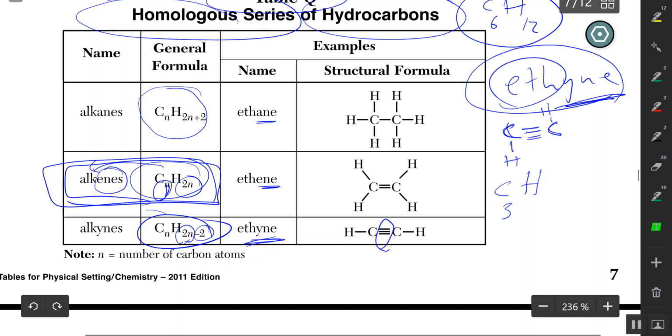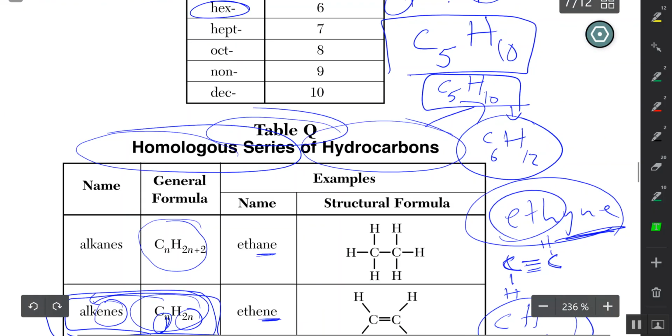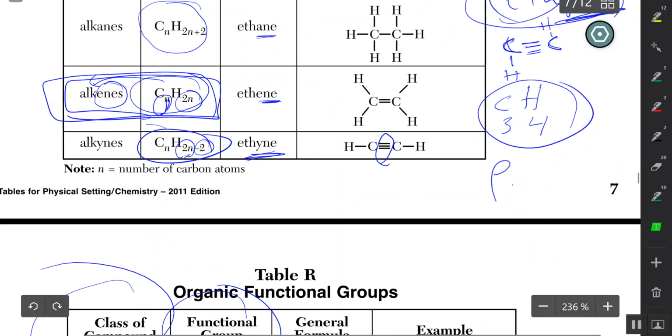So H double the 3, that's 6, minus 2, that's 4. So C3H4 will be the next alkyne in this homologous series, and it will be called, for 3 carbons, prop, and the ending obviously will be the same, propyne.